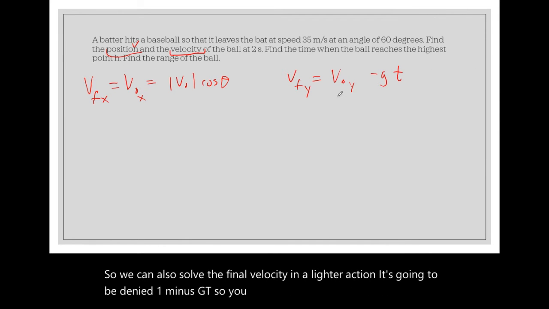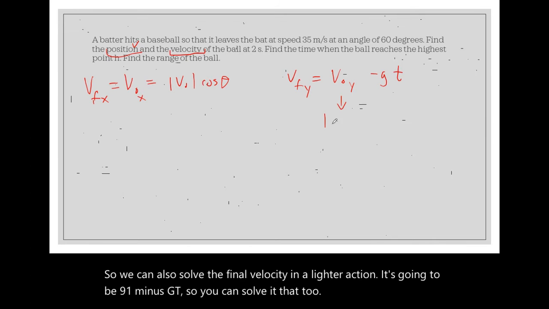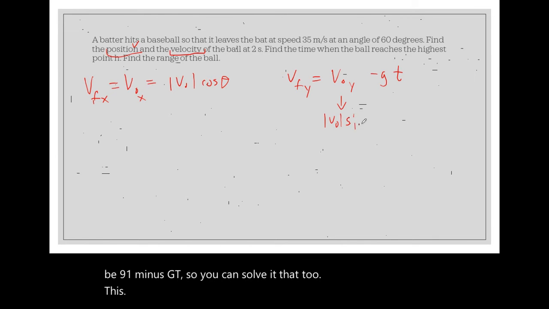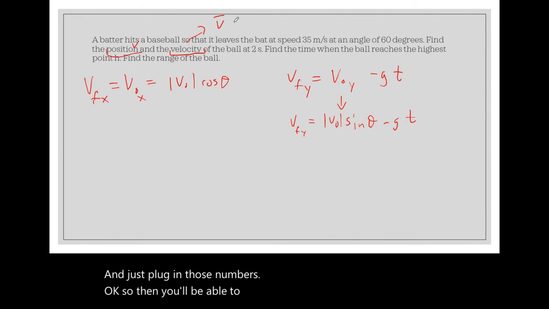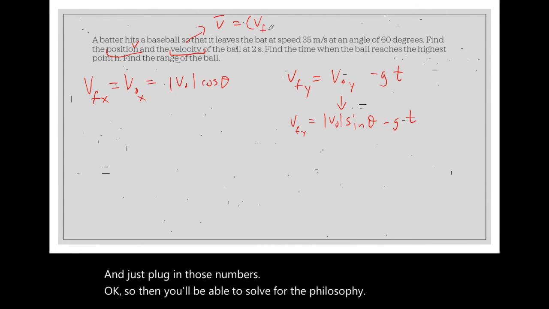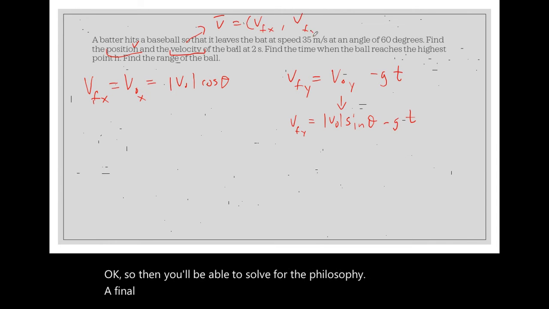So you can solve for that too. We know this, and we just plug in those numbers. Okay, so then you'll be able to solve for the velocity, v final x, comma v final y.